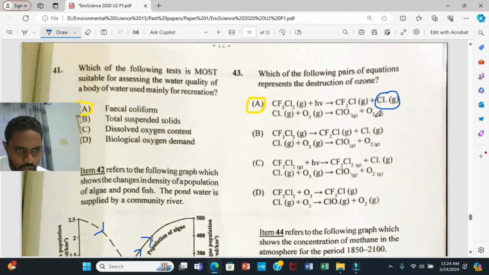So there's no more ozone, because ozone is this one, O3. So this chlorine that is formed, this radical, will be free now to react with one of the oxygens down here from the ozone, breaking it, forming chlorine oxide and oxygen. So ozone there is destroyed. So the best answer, guys, is A.